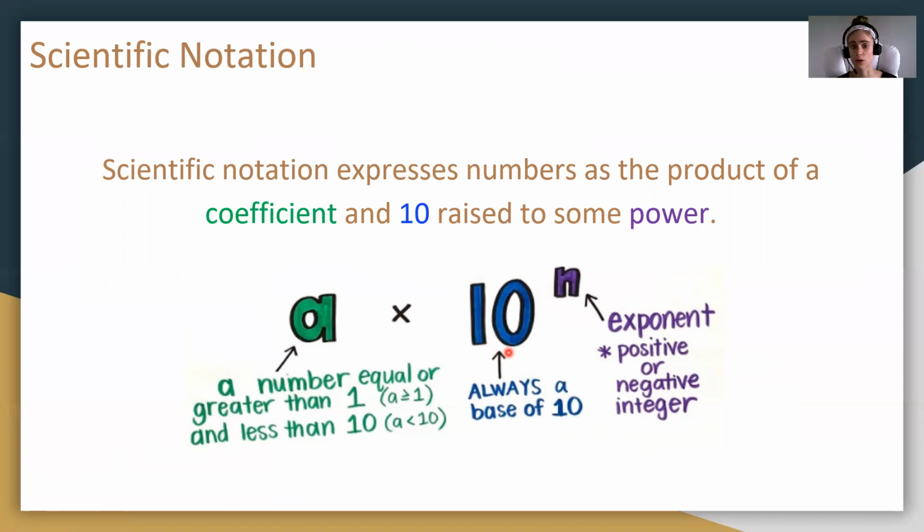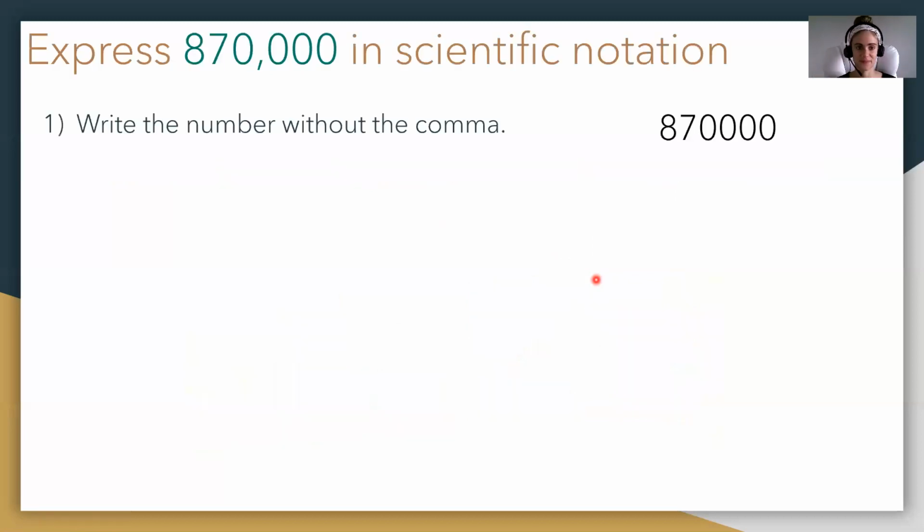If we think about our place values, tens, hundreds, thousands, those are all multiples, all groups of 10. And then our exponent can either be a positive or a negative integer. We'll get into how you determine the exponent in just a moment. So anything in this format is scientific notation.